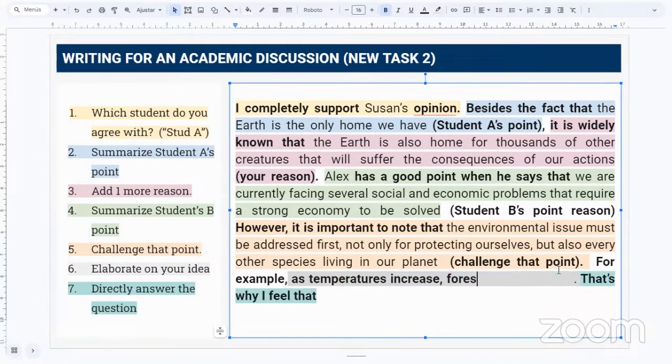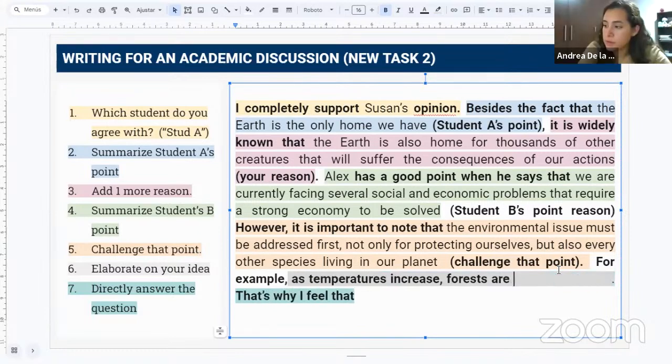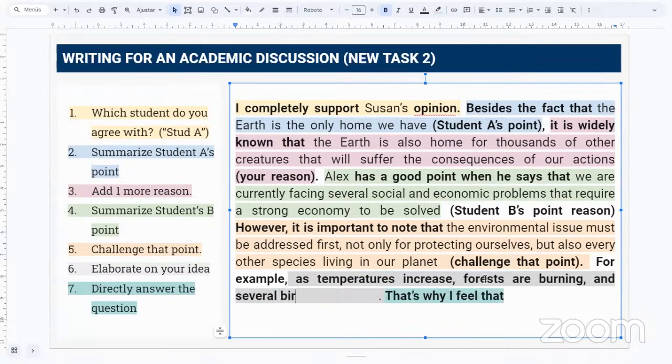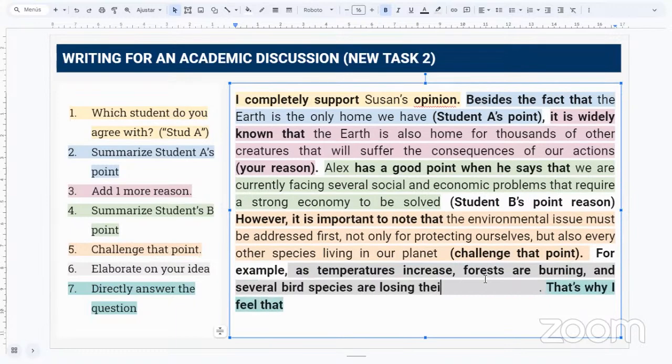Okay, forests are being burned, and a lot of birds are losing their homes. Okay.